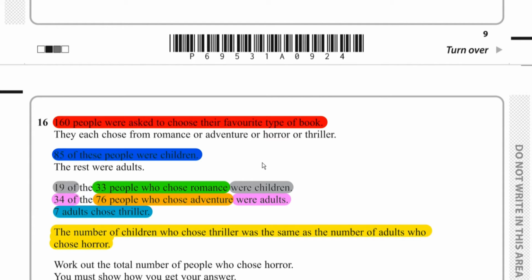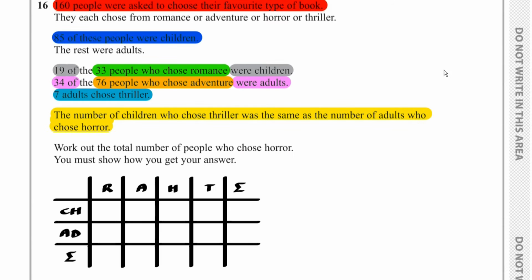Well, we've got 2 types of categories. We've got people who are either children or adults, and then we've got favourite type of book, romance, adventure, horror or thriller. And because of that, we have to construct a 2-way table. So, we've got 85 children altogether out of 160 people.